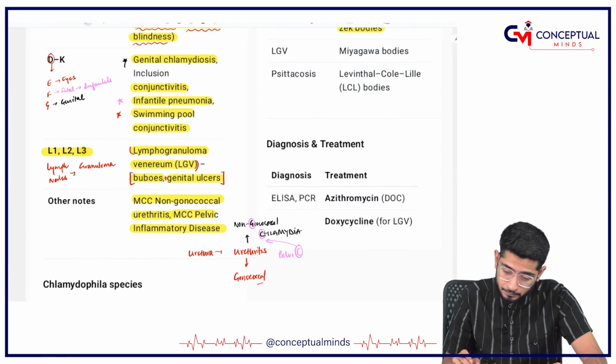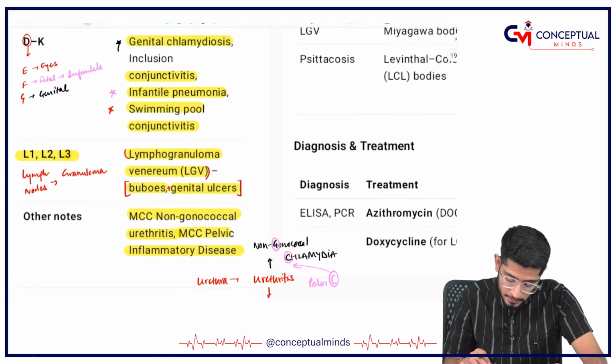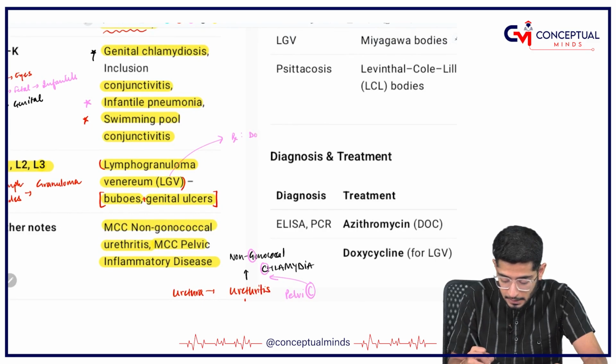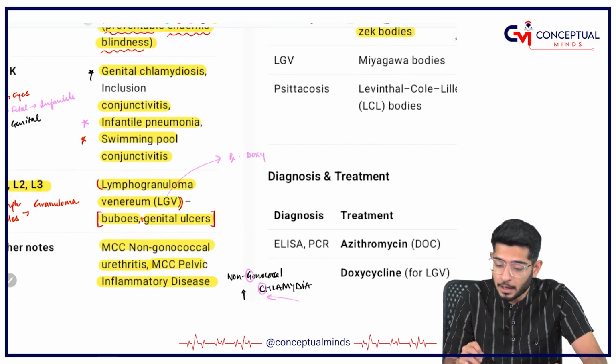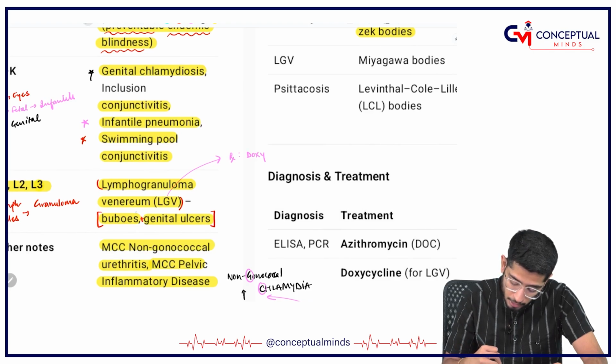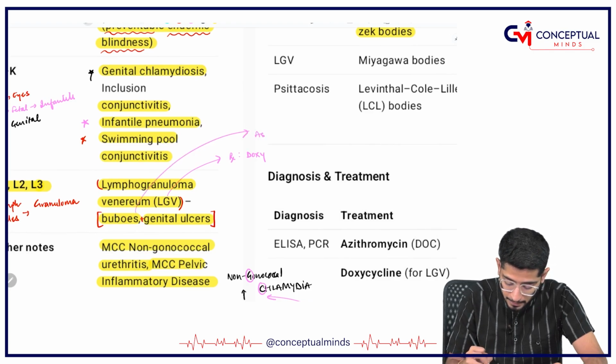Okay. So one more important thing, the lymphogranuloma venereum, it is being caused by them. What is the treatment of it? It is the doxycycline, you have to remember. And one more thing that is important is that the buboes are asymptomatic.